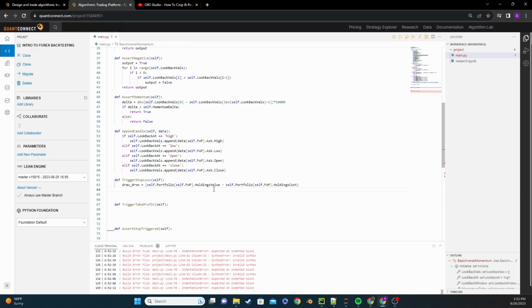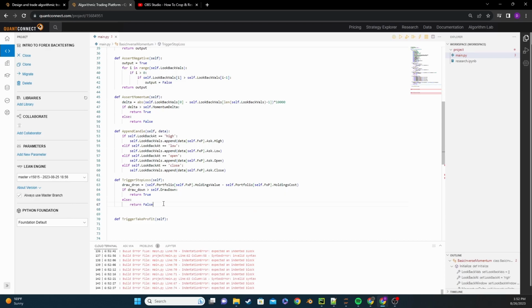So that's our drawdown. And then if our drawdown is greater than the drawdown limit that we set, we're going to return true. And this is essentially just, some decision is going to be made if this is true or not.